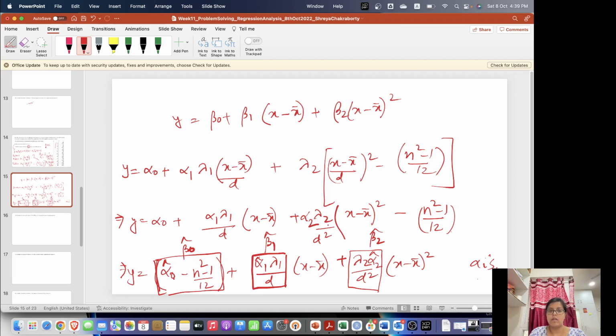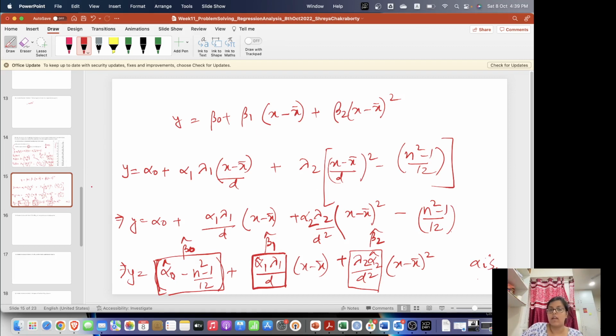Yes, ma'am. Okay, please make sure, if you are using the orthogonal polynomials technique, that you revert back to the original and bring it to this form so that you can report these coefficients. This is very important, otherwise you will get an incorrect result.